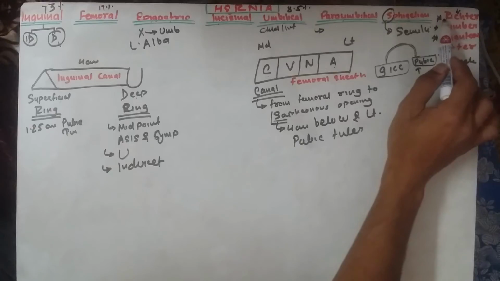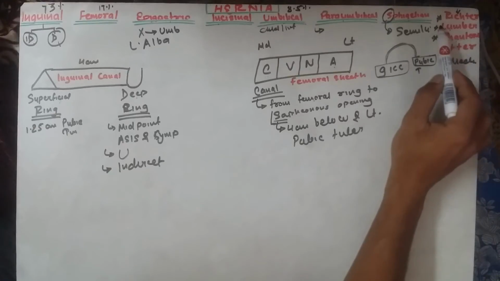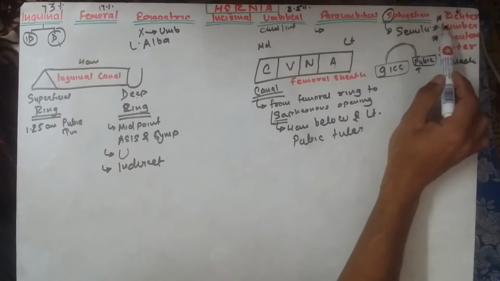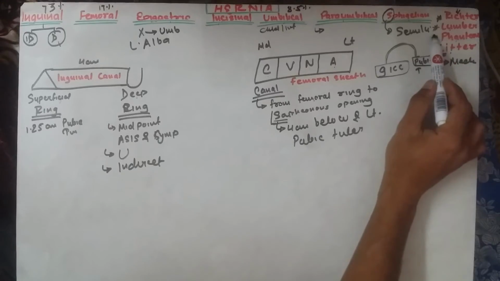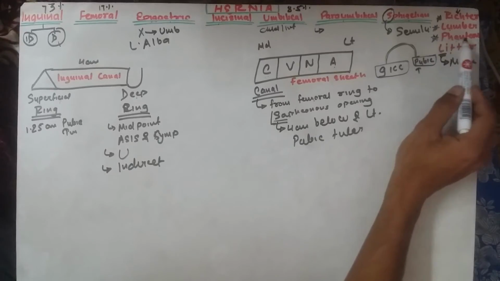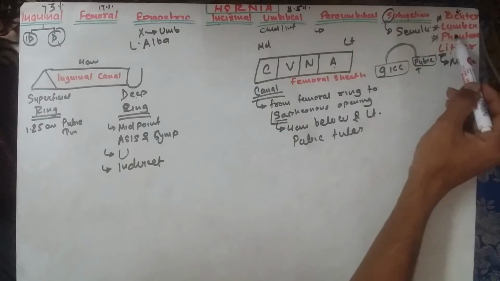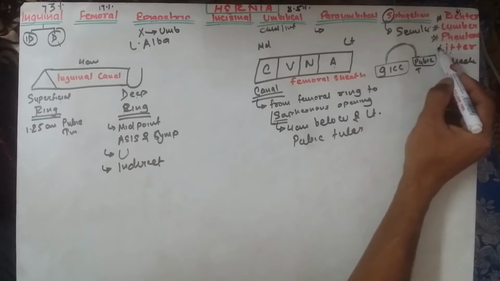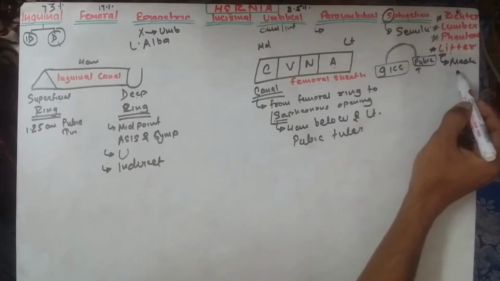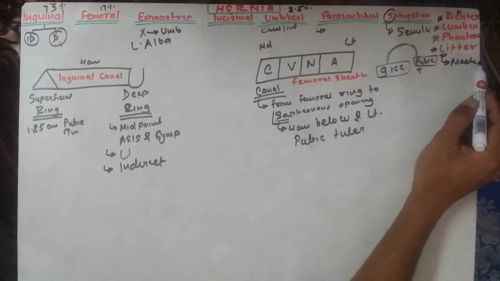Lumbar can be in either the superior or inferior lumbar triangle. Phantom is due to a muscular bulge, usually after paralysis of the muscle. Then Littre's type of hernia is usually seen in Meckel's diverticulum.